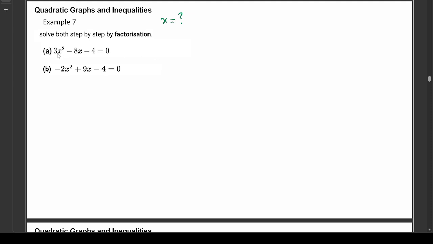Now we have 3x squared minus 8x plus 4 equals 0, right? So this is an equation. If we don't have an equal sign, we will normally say it's an expression, but this is an equation.